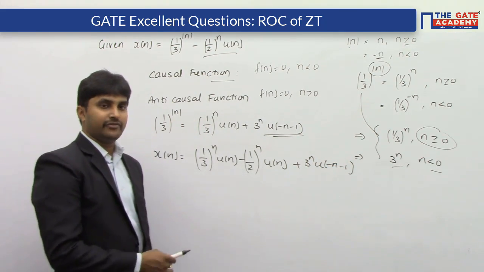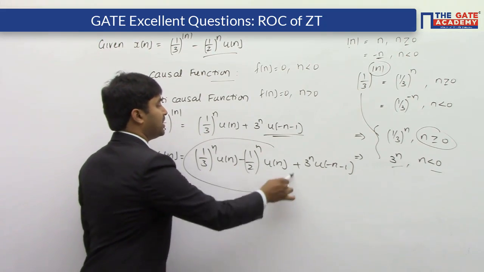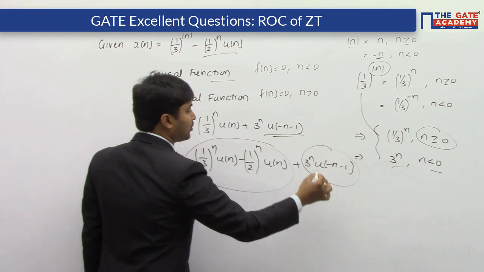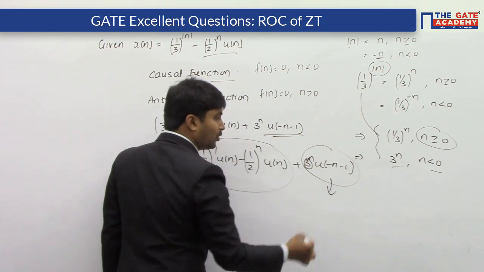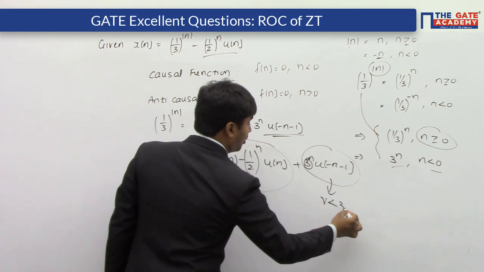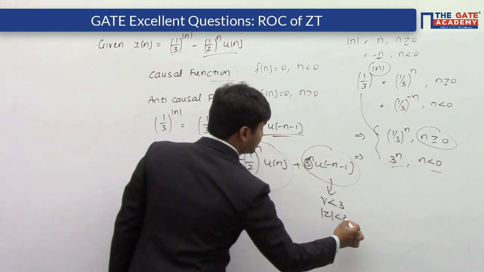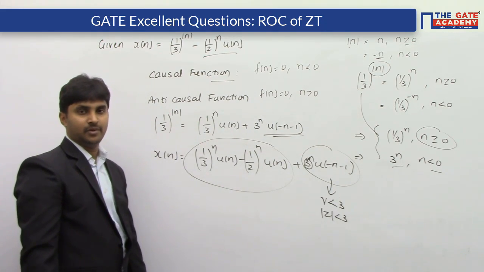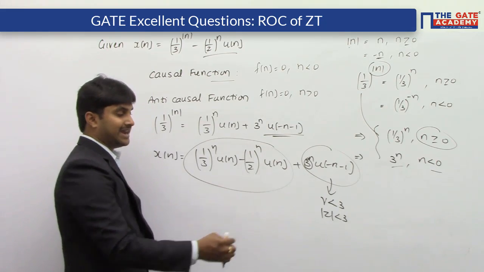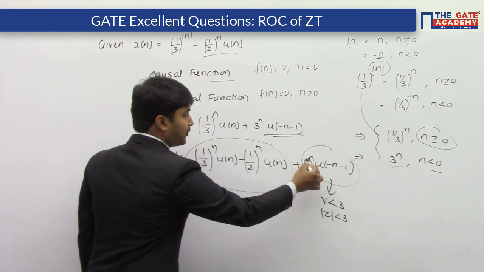So now you have x(n) as a combination of causal parts and an anti-causal part. In the case of the anti-causal part, 3 is going to be the pole. So r is going to be less than 3, or |z| is going to be less than 3, because the anti-causal part is inwards in nature. Therefore the ROC is going to be less than 3, where 3 is the pole.